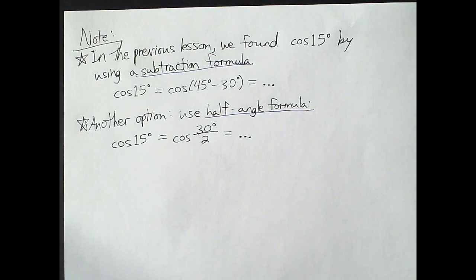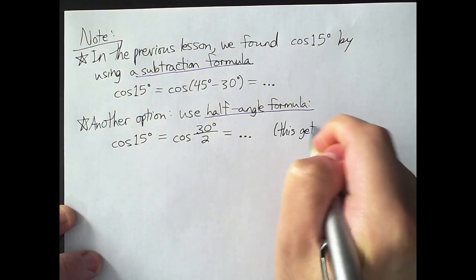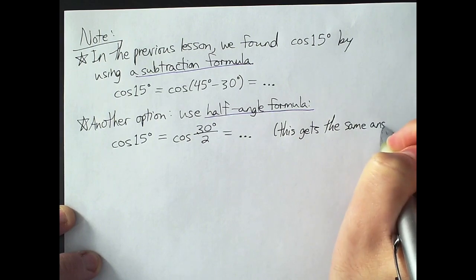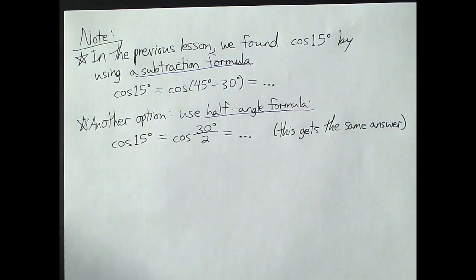So you see, you have options when you're doing some of these problems. Of course, this gets the same answer. The answer might look different at first, but they simplify to the same equivalent answer.